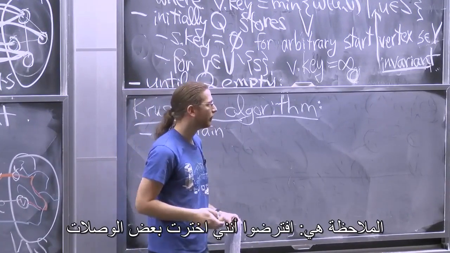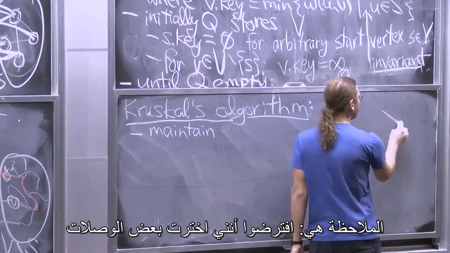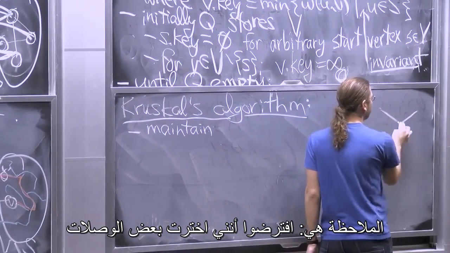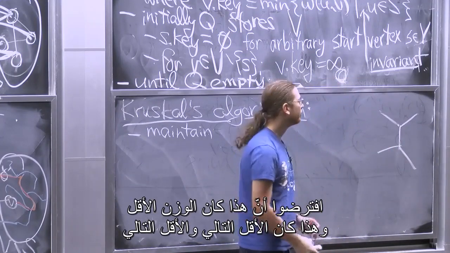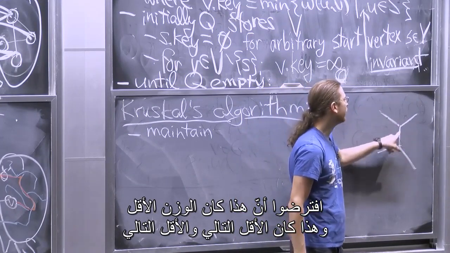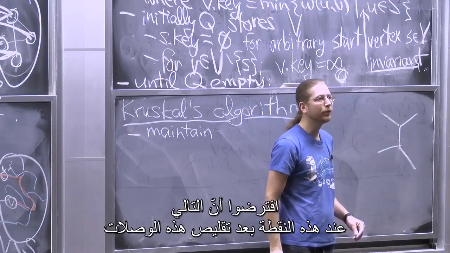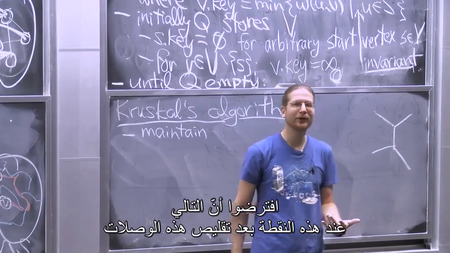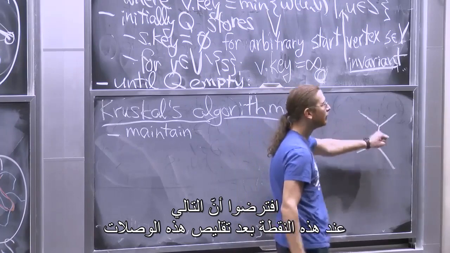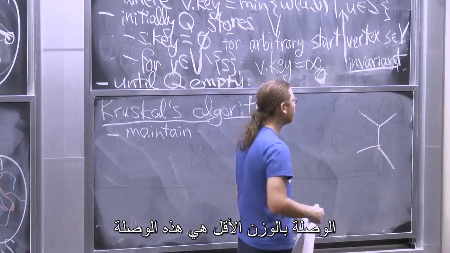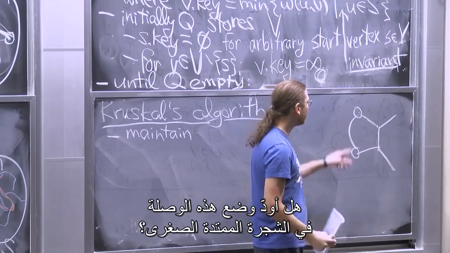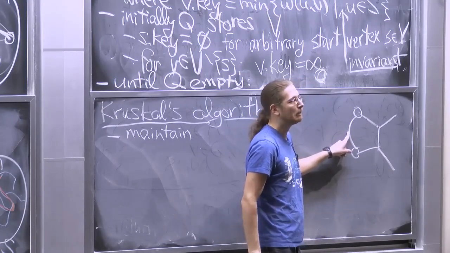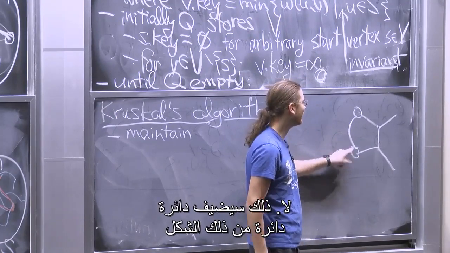Suppose I've picked some edges out to be in my minimum spanning tree. Suppose this was the minimum weight, and this was the next minimum, next minimum, next minimum, next minimum. Suppose that at this point, after contracting those edges, the minimum weight edge is this one. Do I want to put this edge in my minimum spanning tree? No. That would add a cycle.